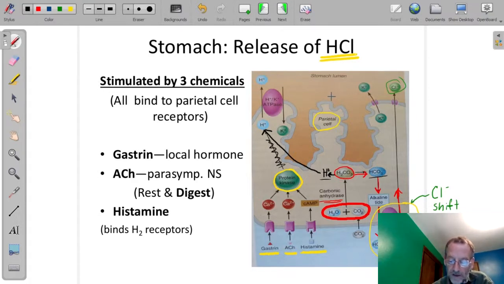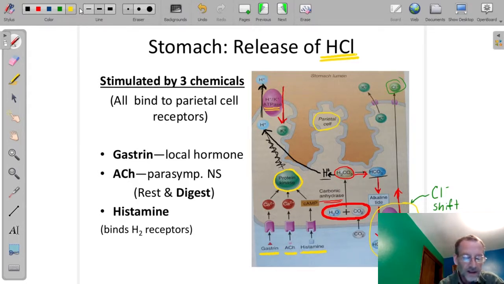luminal side of the parietal cell, and see if this looks familiar. The hydrogen gets actively pumped out. At the same time, a potassium is moved in. And it's this primary active, so there's a hydrogen potassium exchanger. That looked very similar. It's the same basic machinery that we saw in the A cells of the collecting duct when we were looking at acidosis.